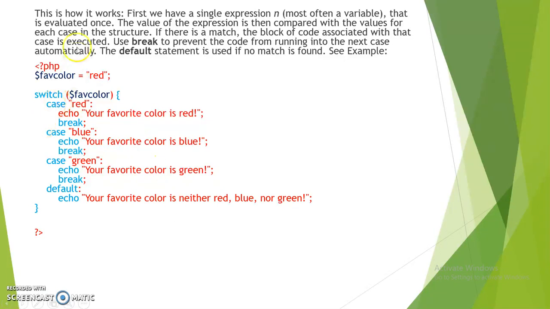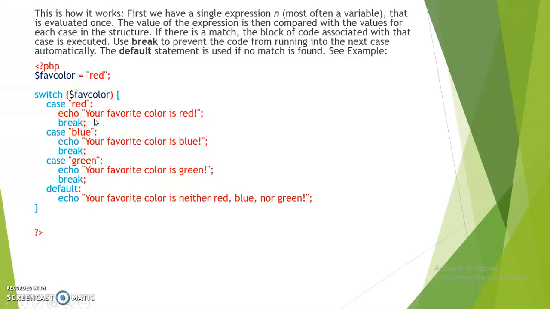See for yourself. We have a variable favorite color and we assigned red to it. Then we have the cases here: red, blue, green, and of course default, which is not actually a case.